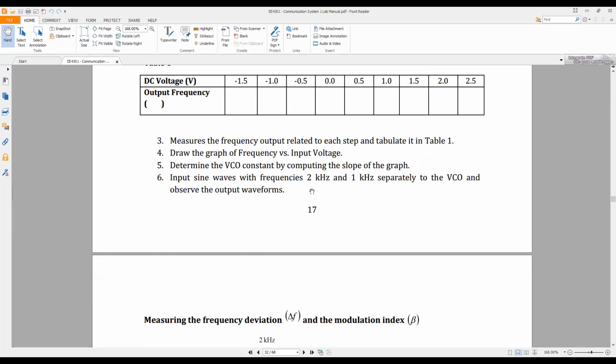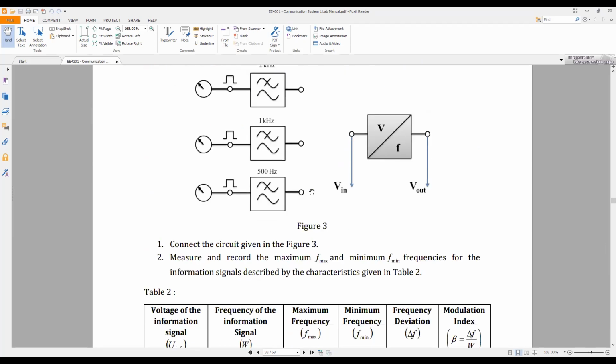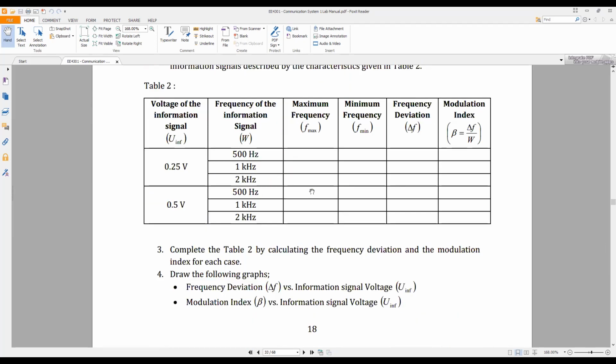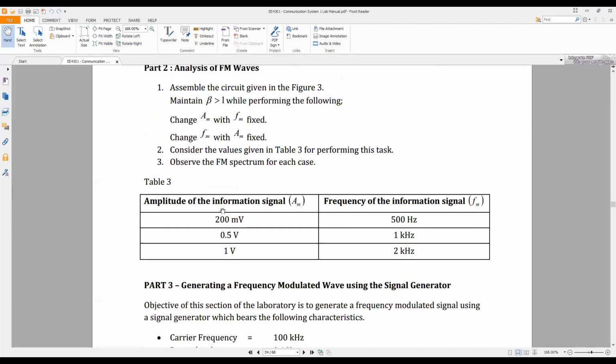I already put them in the chat, so download them. And for this part, you have to fill this table by finding the delta F and beta values and draw these 2 graphs. And for this one, you have to add all the spectrums we observed for all these 3 values.